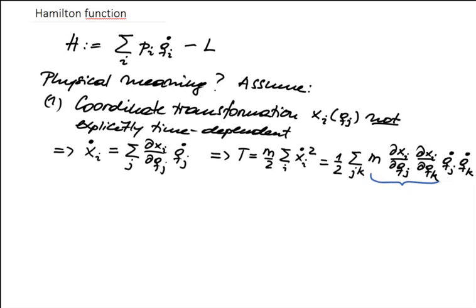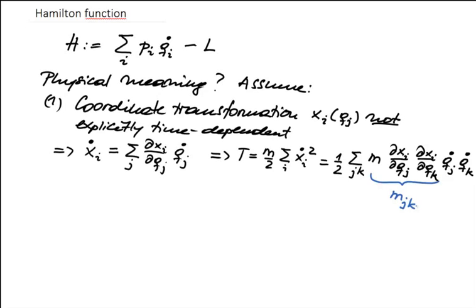There's an expression here in the sum in front of the qj dot and the qk dot. You can interpret that as a coefficient mjk, and that coefficient depends only on position.